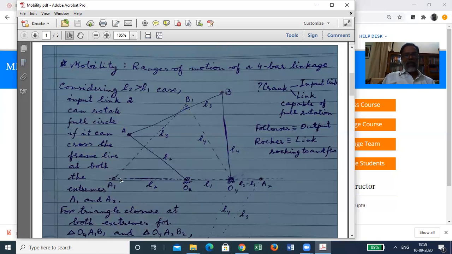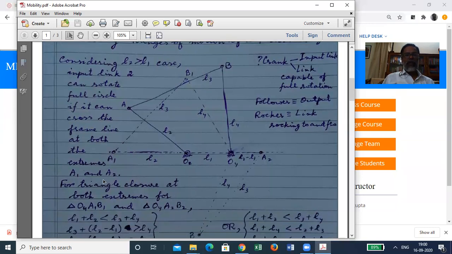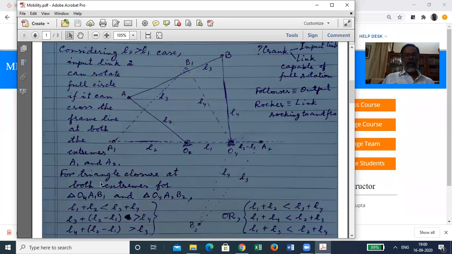Now in this case, this is one side already formed, L1 plus L2. The other two, L3 plus L4, should be larger than this O4A1. L1 plus L2 should be smaller than L3 plus L4. This is the requirement of closure of this triangle at the left extreme, A1.